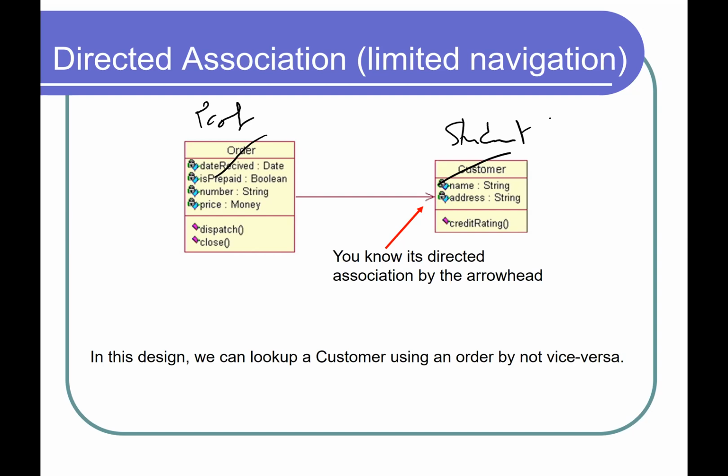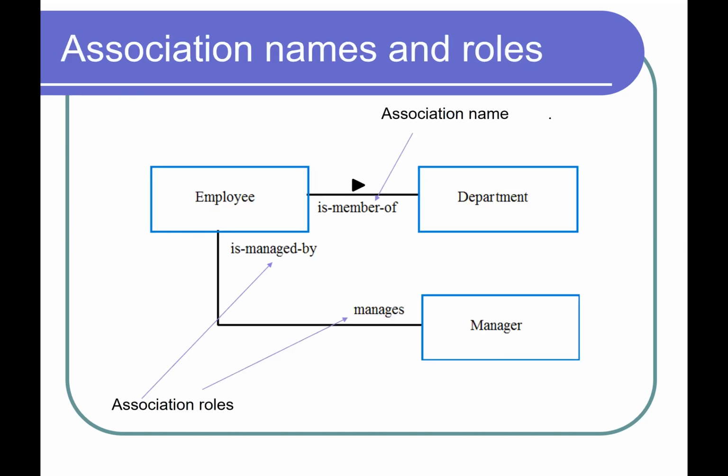Can I find every professor's students, or can I find every student's professors? Exactly. So this is what that would mean. The navigation is unidirectional. Okay, it's directed. We call it a directed association. And it just says that, yeah, the professor can see the student, but not vice versa. You can't look it up from the other side.